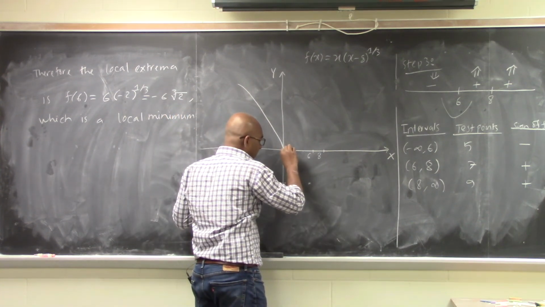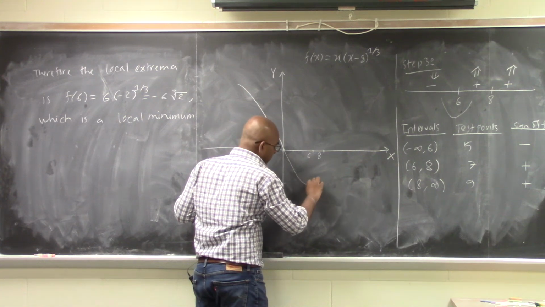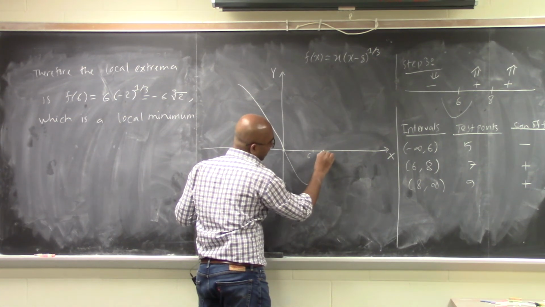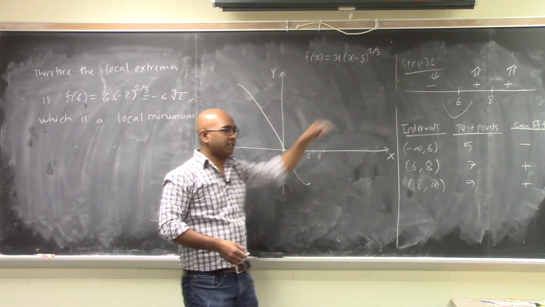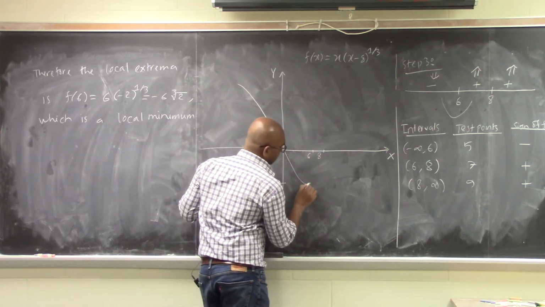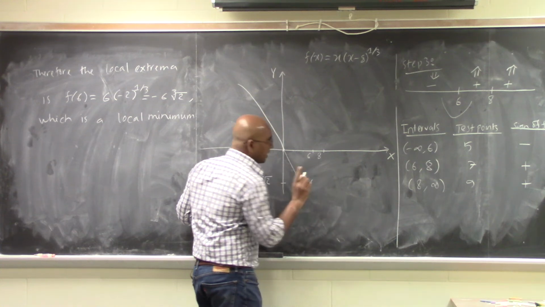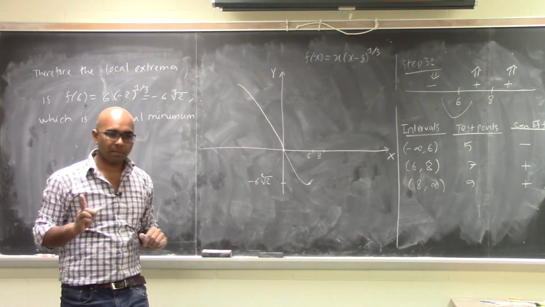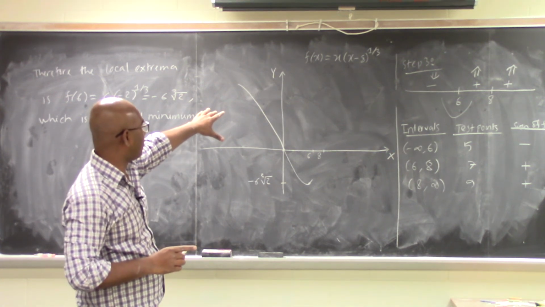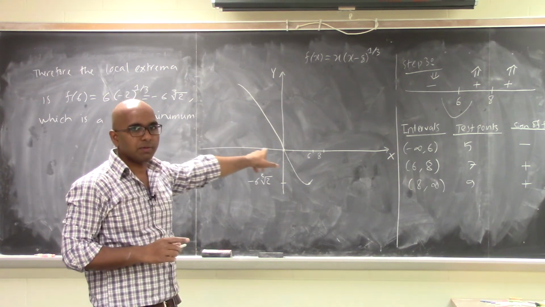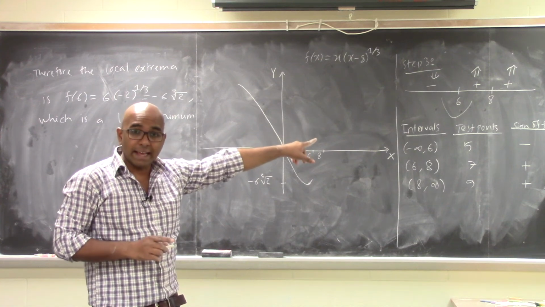Okay, so here, and then this is a local minimum, right? And what happens at 8? If you plug in 8, it is 0, right? It's another x-intercept. So it goes up to here. But there is one important thing. Oh God, I also erased f prime of x. But notice f prime of x does not exist at 8, right?